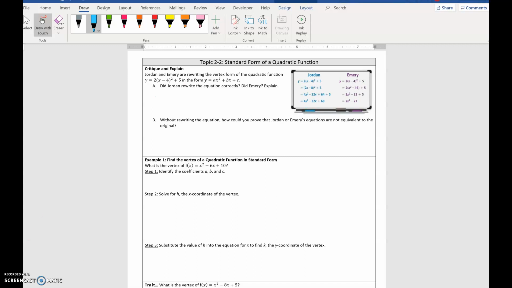So we are going to be doing standard form, and so we need to know what standard form is in the first place. So standard form would be still starting with our f of x equals, and then we have a times x squared plus b times x plus c.